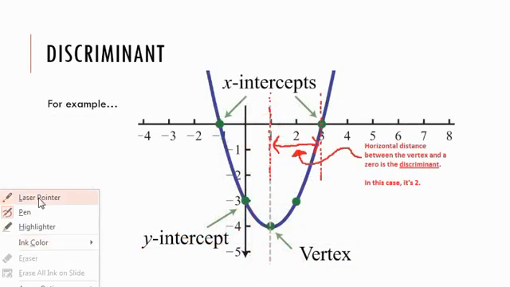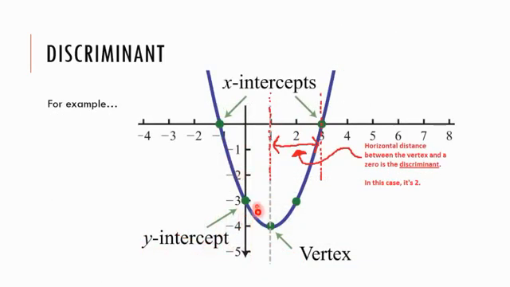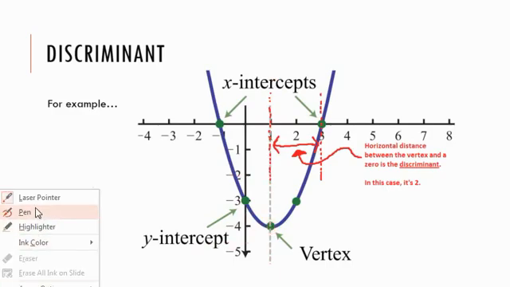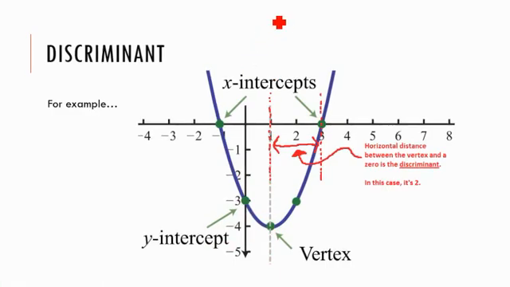And here is just a better view of that. If you look, here's your vertex and the axis of symmetry. The point for the vertex happens to be 1, negative 4, and it turns out that the intercepts are exactly 2 away in the horizontal direction.